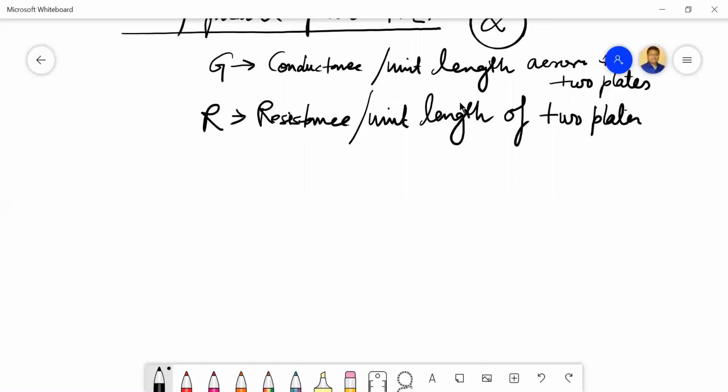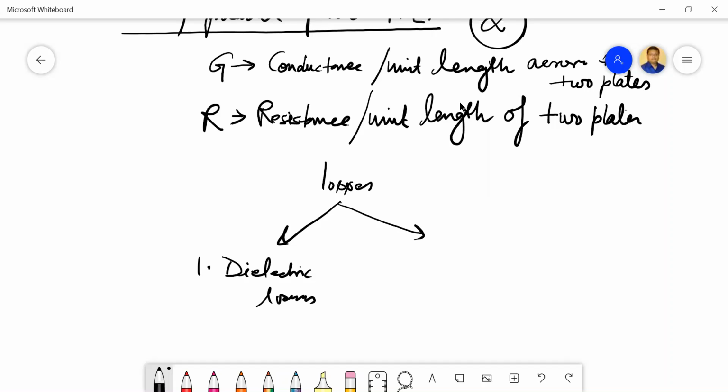Now if you divide the losses actually, losses could be seen first the dielectric losses, another one is conductor losses.